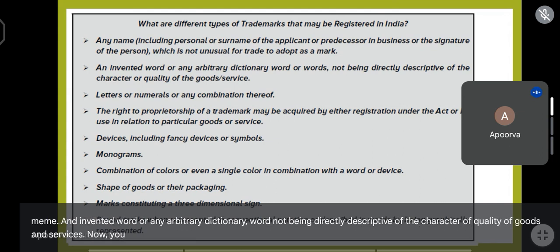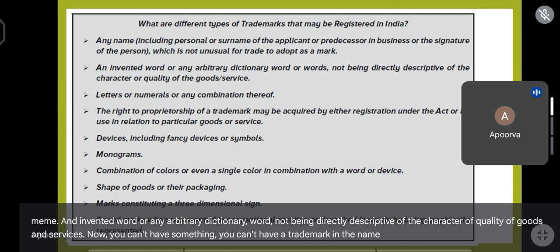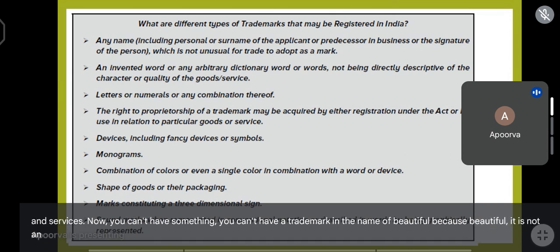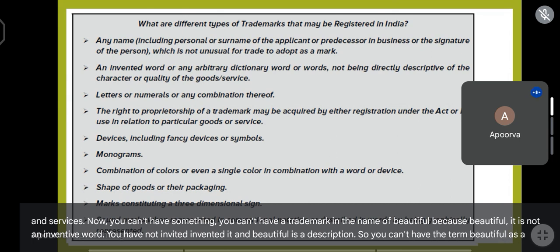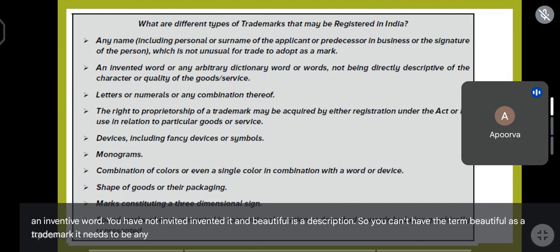You can't have a trademark in the name of beautiful, because it is not an inventive word. You have not invented it, and beautiful is a description. So you can't have the term beautiful as a trademark. It needs to be terminology which has been invented, like Flipkart or Walmart or Microsoft.